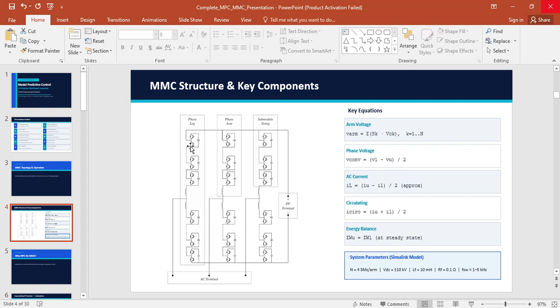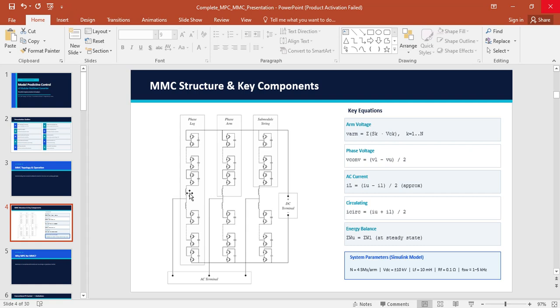So you can see there is a complete single phase leg. There are three phases, right? Each phase leg consists of arms, upper arm and lower arm, and the upper arm and the lower arm are connected together via an inductor.